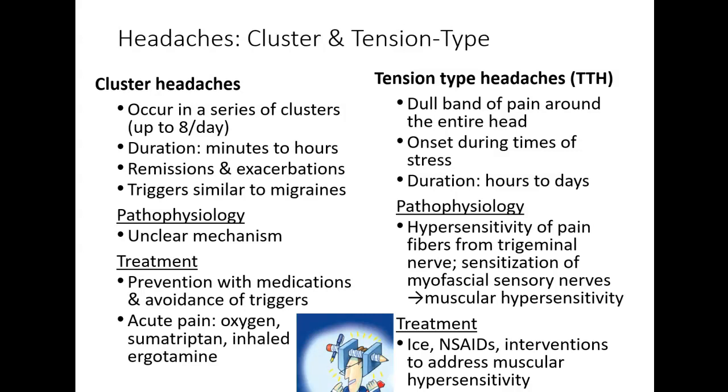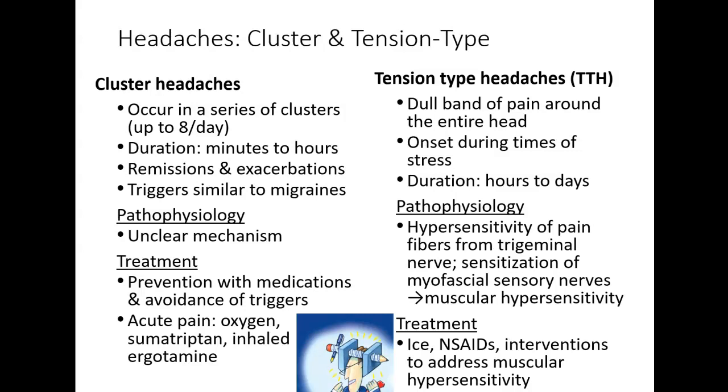More information about that. Clusters occur in a series. So, a set of headaches, goes away, comes back, goes away, comes back. People can have remissions and exacerbations, meaning that they may go for a period of time where they don't have cluster headaches, and then times where they have a lot of cluster headaches.